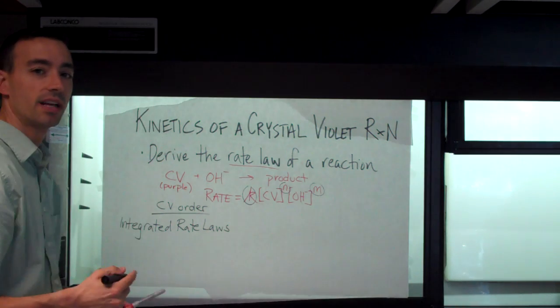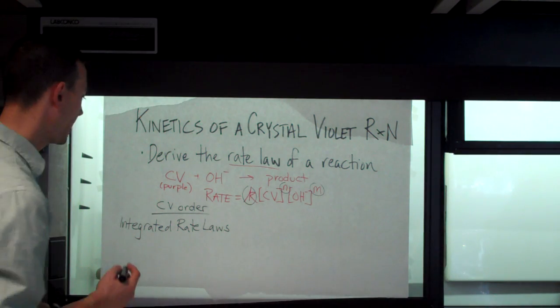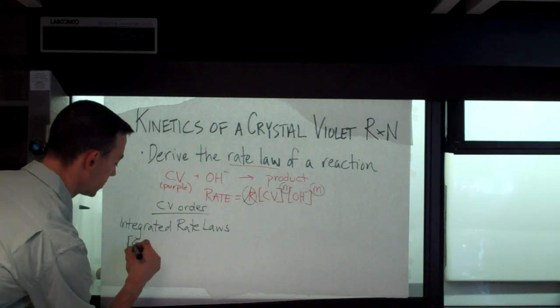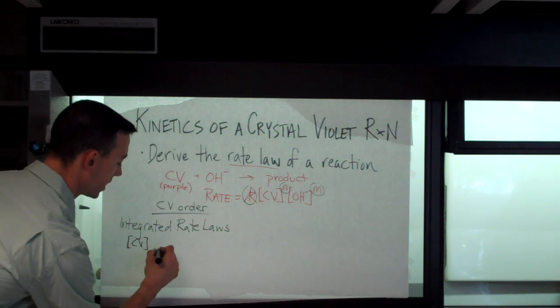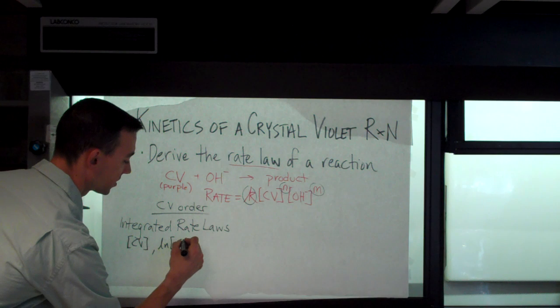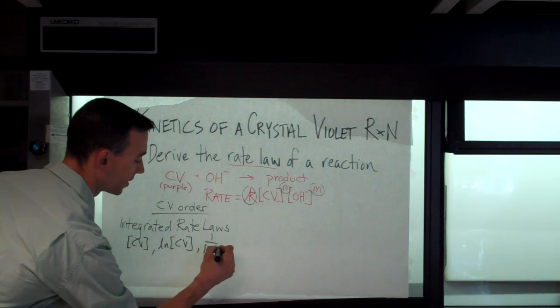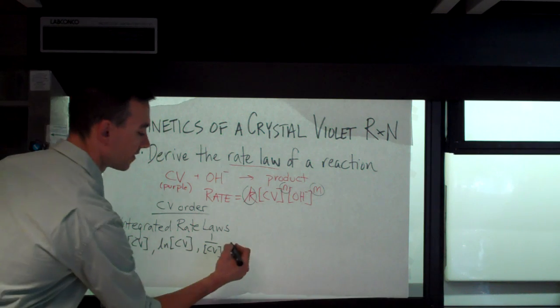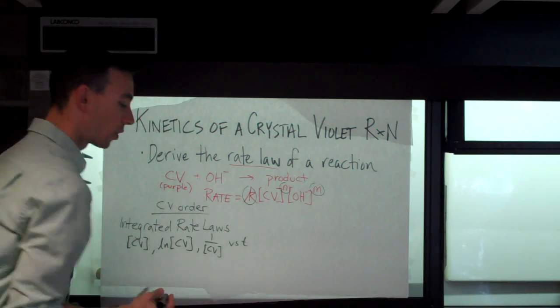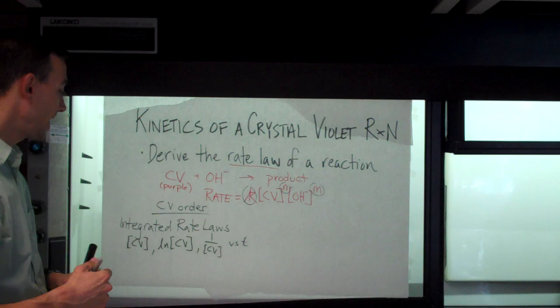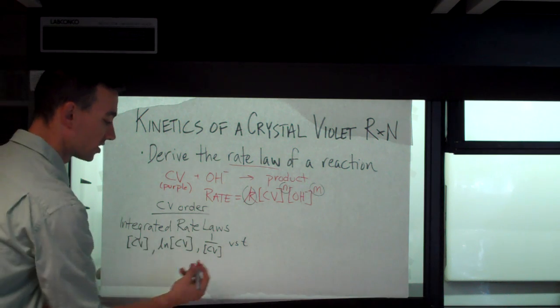So our crystal violet will obey one of the patterns where either the concentration, the ln of its concentration, or 1 over the concentration will be linear versus time. But only one of these can be linear versus time.